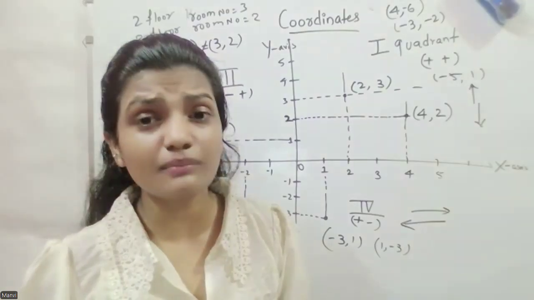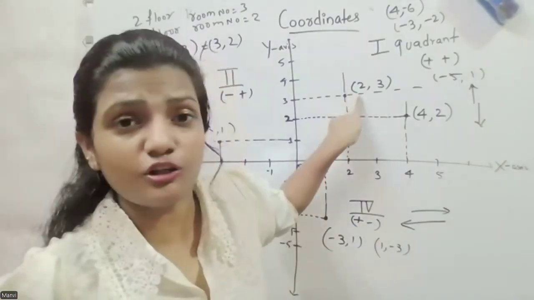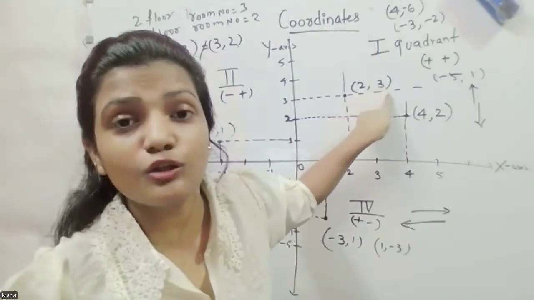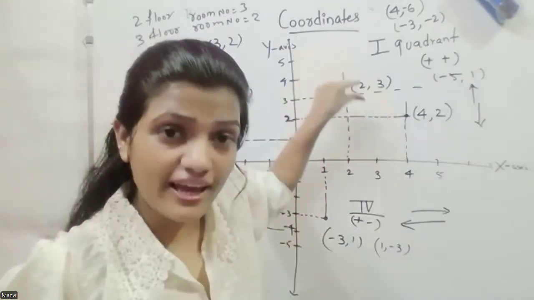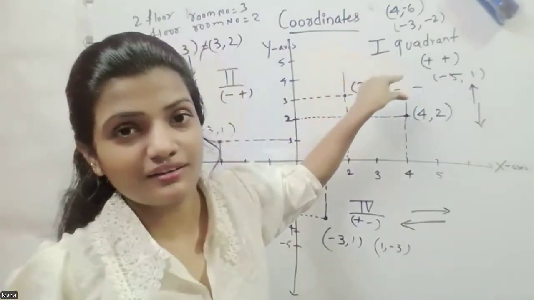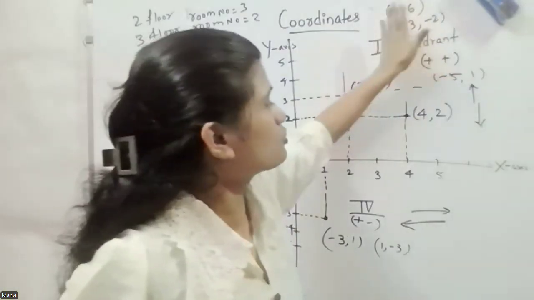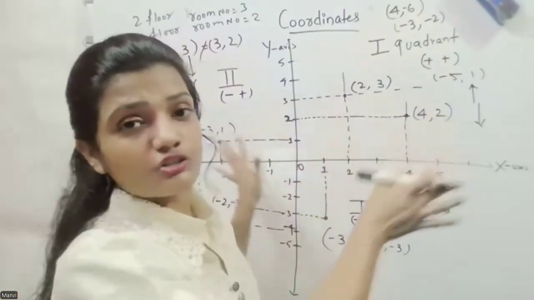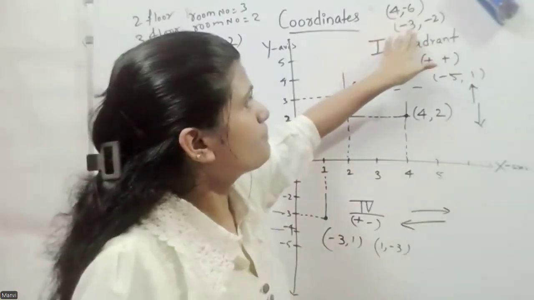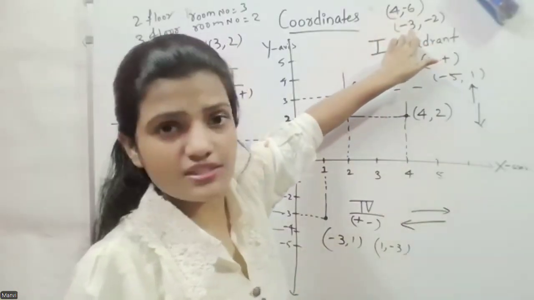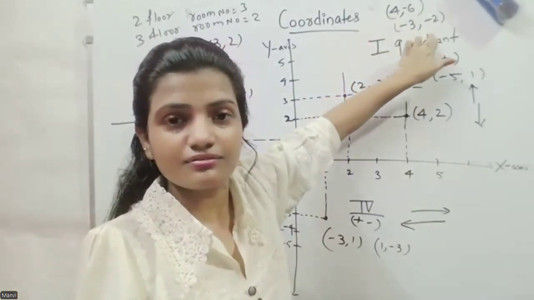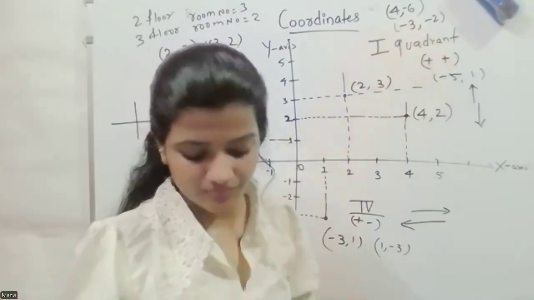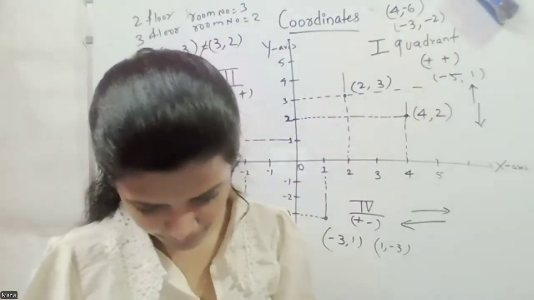But you just need to remember this: the first number is the value of x, and the second number is the value of y. We always write the value of x first, then the value of y. So even if the figure is not drawn there, you just see the first value is x, which is negative. The second value is also negative, means the third quadrant. Right?